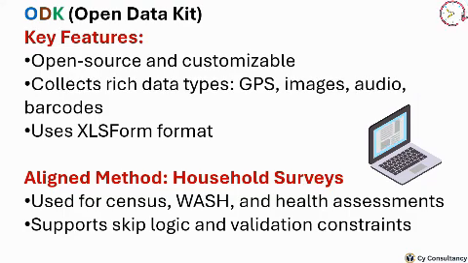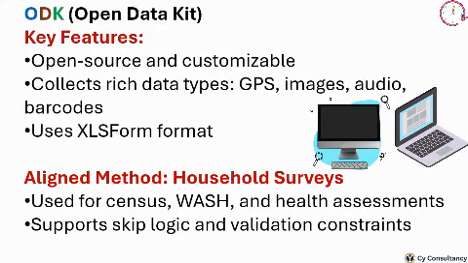It is very good for household surveys, conducting a census, water and sanitation health programs, and health assessments, and it supports skip logic. What do we mean by that? If a question is not appropriate based on an answer that has been given before, it is going to be skipped. You can also validate the answers given to say this is what we need. So there are validation constraints and skip logic.